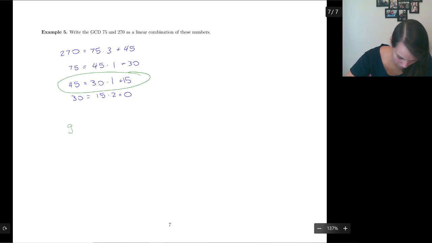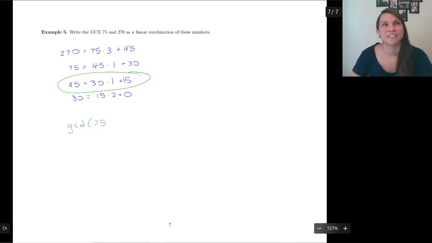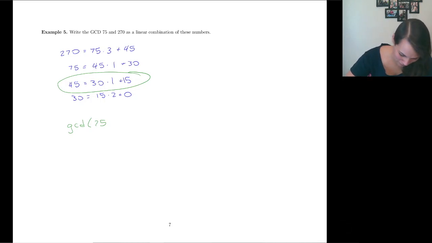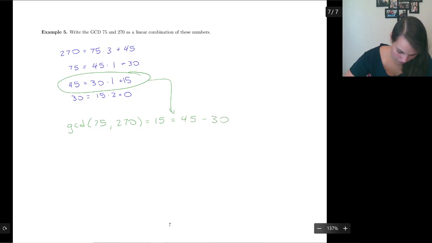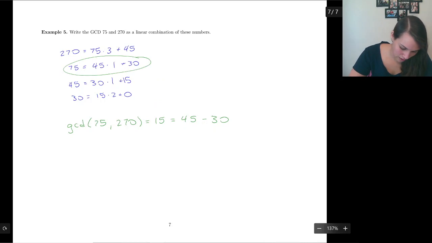So we're going to say GCD, it was not 75, it was 15. I know my numbers. It was equal to 15, which is going to be equal from this equation right here to 45 minus 30. And then I'm going to back up. I'm going to use this equation now.